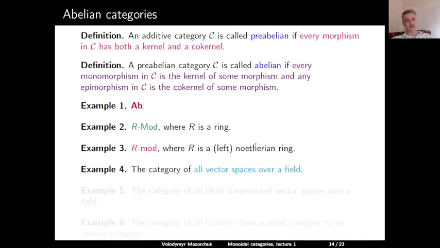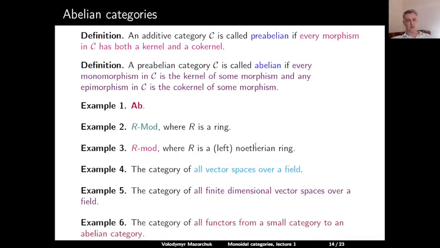As a special case, the category of all vector spaces over a field is an abelian category, and the category of all finite-dimensional vector spaces over a field is also an abelian category. A more general example, the category of all functors from a small category to an abelian category is an abelian category. Here the abelian structure is defined pointwise.